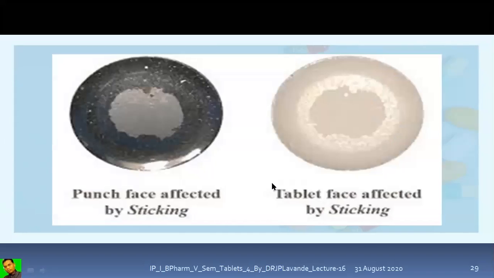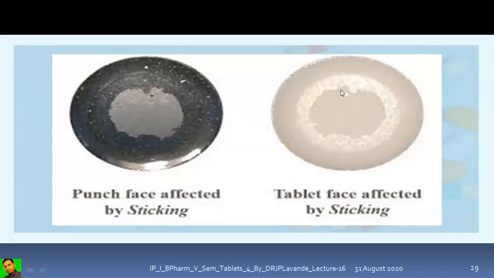So here you can see there is a difference between the punch and the tablet surface. This is the punch, that is the punch face affected by the sticking. Here the material of the tablet will get stuck to the punch surface.